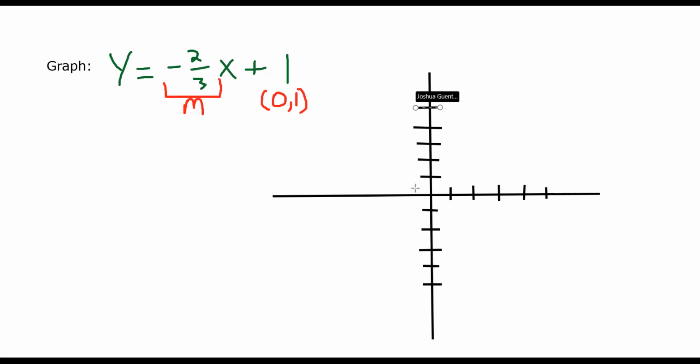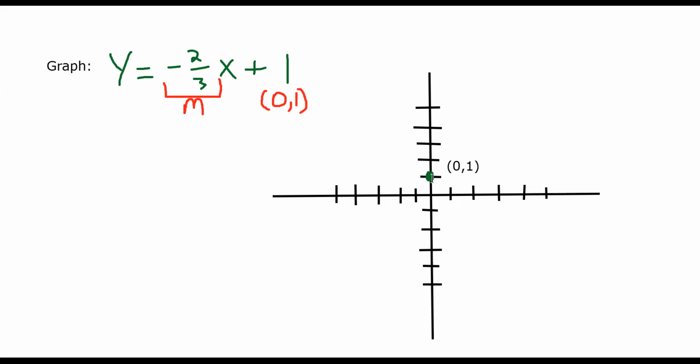And we'll graph this. We can see right here, it's negative 2/3 x plus 1. So the b value is 1. So it's going to cross the y-axis at this point, 0, 1. Now the slope is negative 2/3.